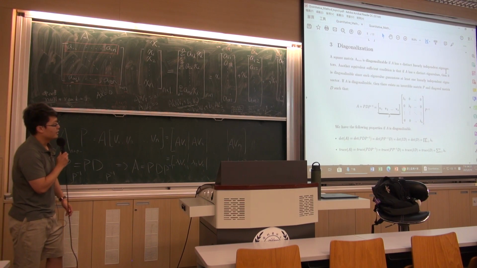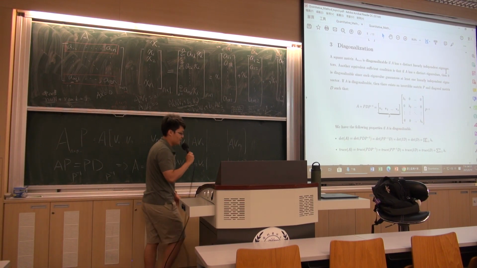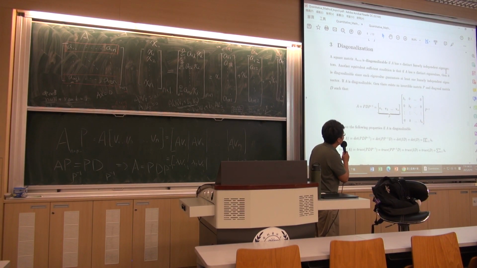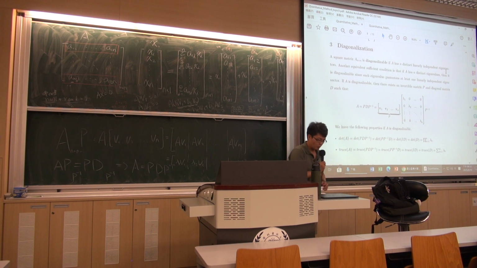And why do we need to diagonalize the matrix here? Because once we have it, it speeds up the whole computation process.